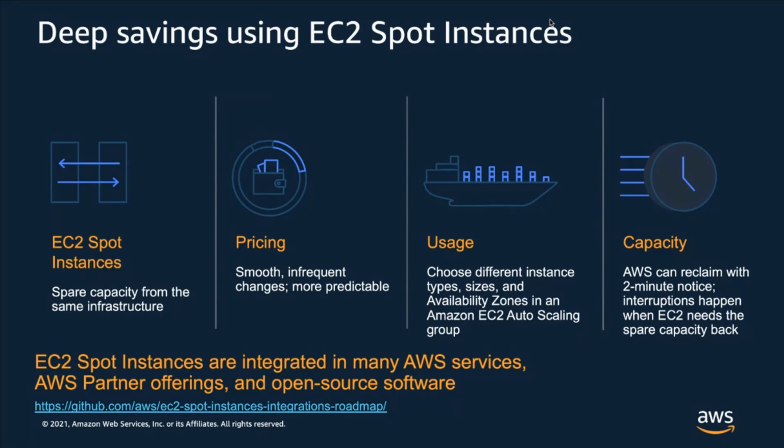And so spot is great to use for all kinds of different workloads. You can pick from every instance type we have available, essentially, and you can launch spot instances across multiple availability zones and put them into auto scaling groups and things like this. So lots of different options and components to pick from there. And the one thing about spot instances is that when AWS needs the capacity back, we can take that capacity back from you.